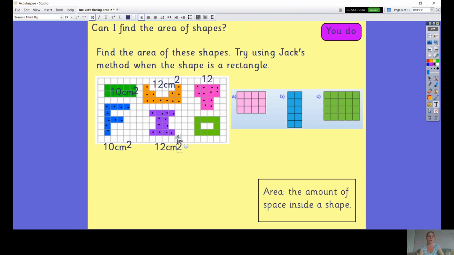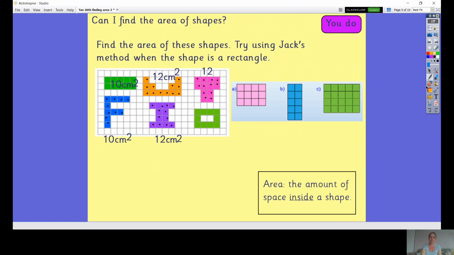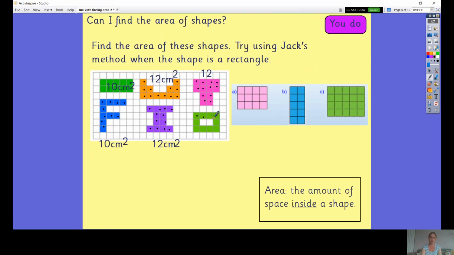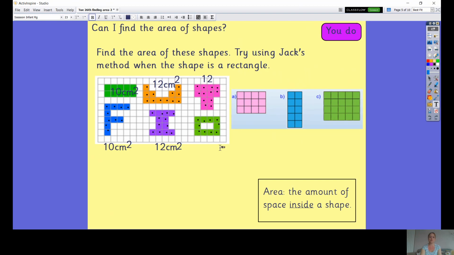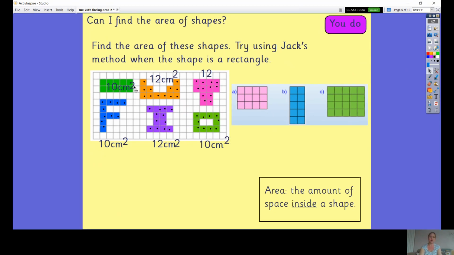Centimetres squared again, and then 1, 2, 3, 4, 5, 6, 7, 8, 9, 10. It's interesting, isn't it? Some of those shapes have the same area, but they look really quite different to each other. It sort of depends how the area is spread out, doesn't it?